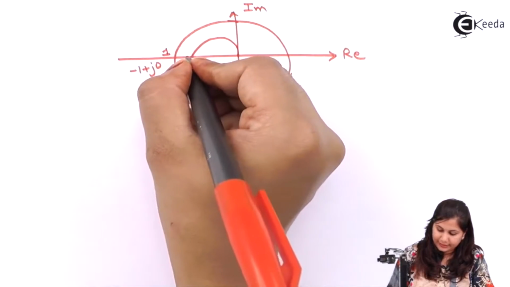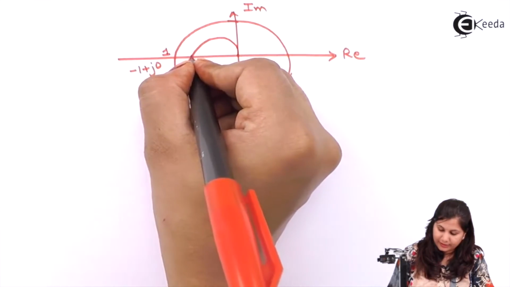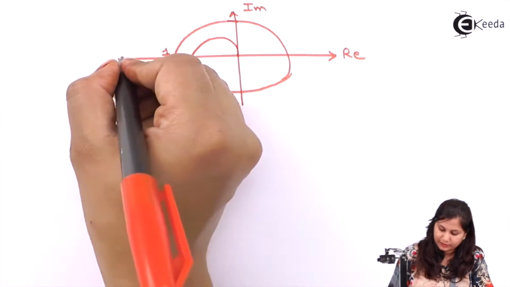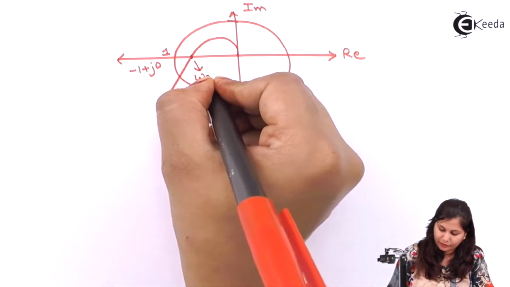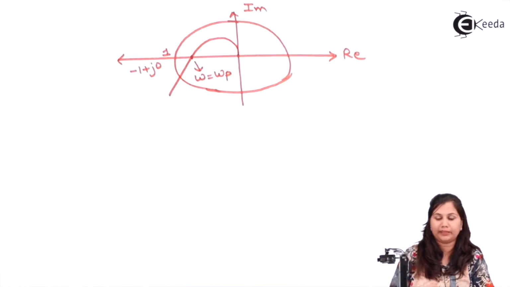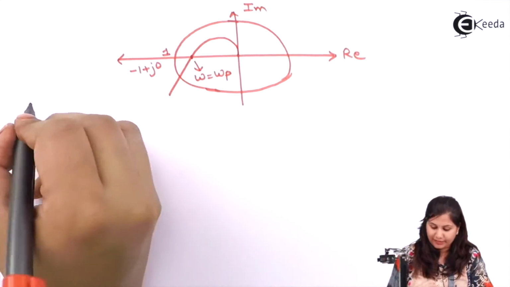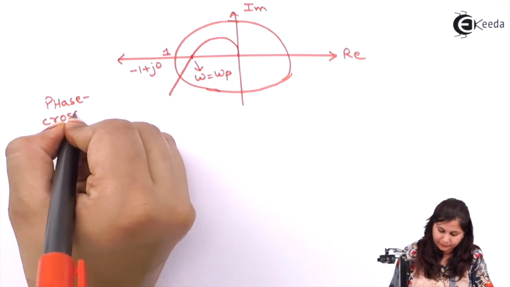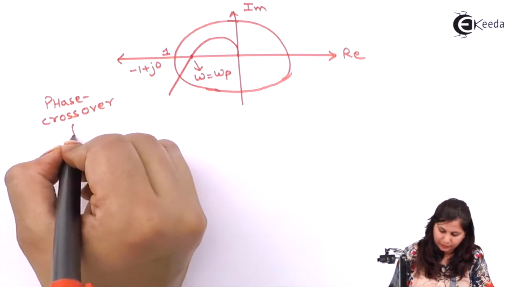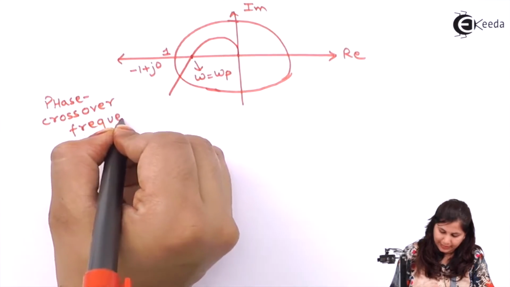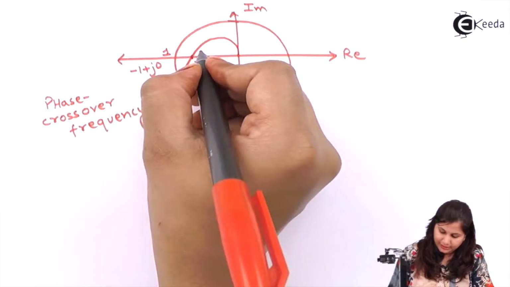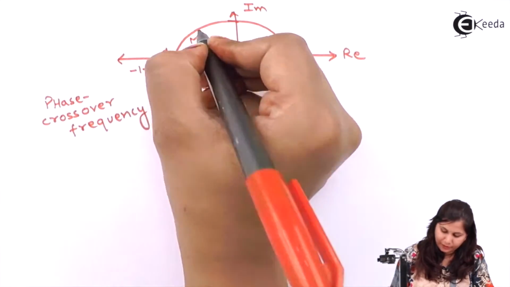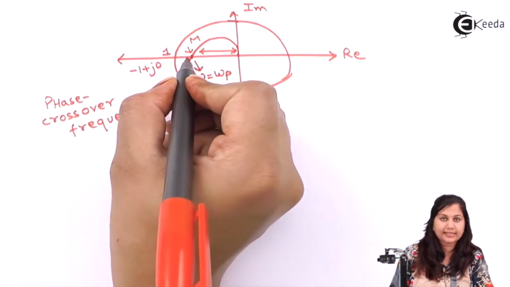The polar plot crosses the negative real axis at the frequency omega equals omega p, the phase crossover frequency. At this frequency, this is the magnitude, M, and M is less than 1.